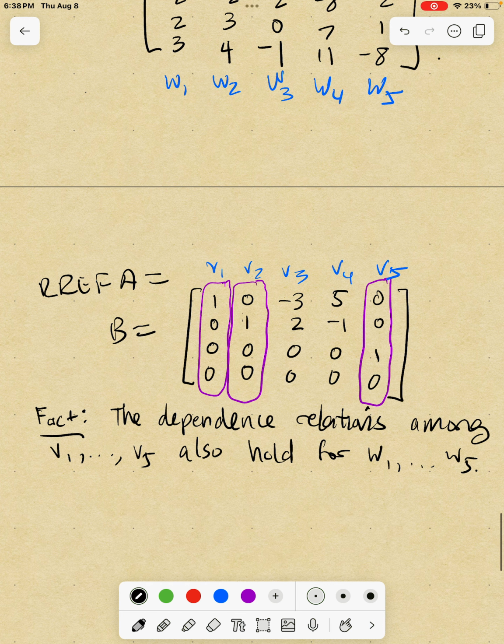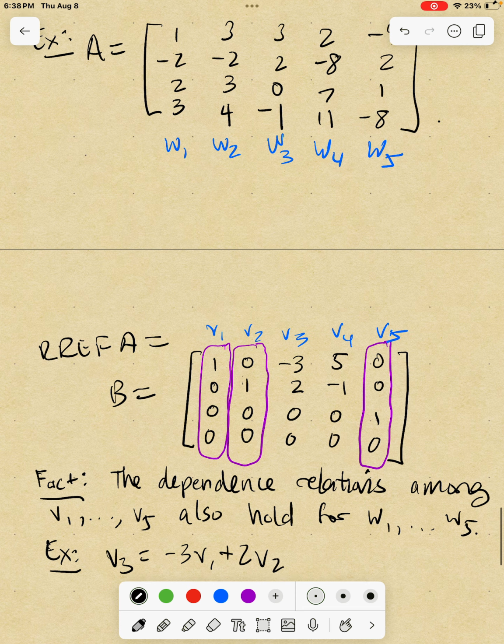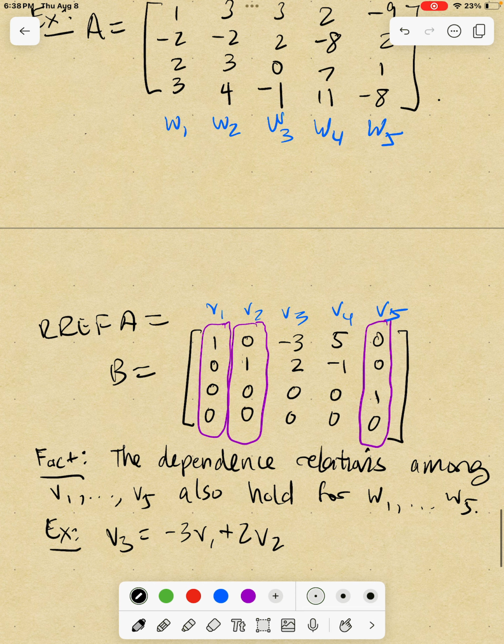So let's just look at an example. In other words, we saw that V3 is negative 3 V1 plus 2 V2. Well, it turns out that for the original matrix A, the same thing is true. So W3 is negative 3 W1 plus 2 W2. And so on.